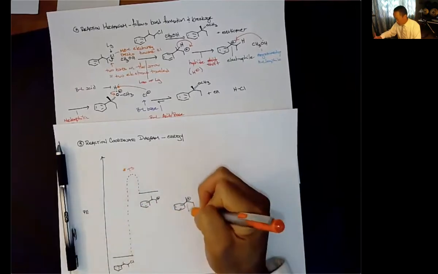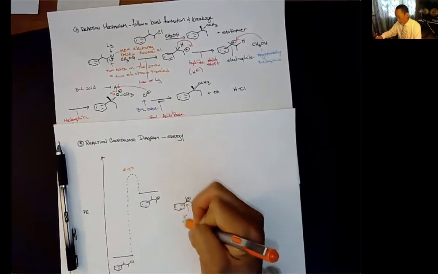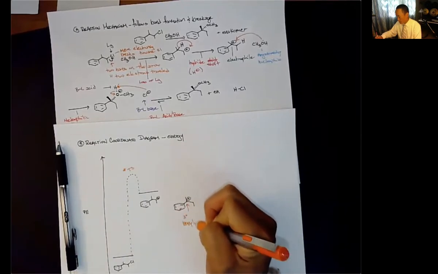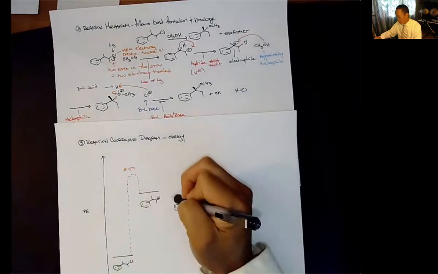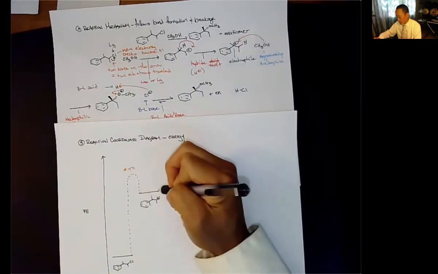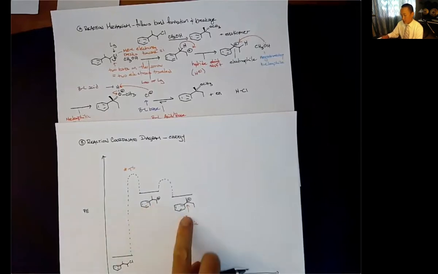Moving that carbocation to a tertiary benzylic position is going to decrease the overall energy of that carbocation, acknowledging that the reaction would need to go through some transition state in order to achieve that.